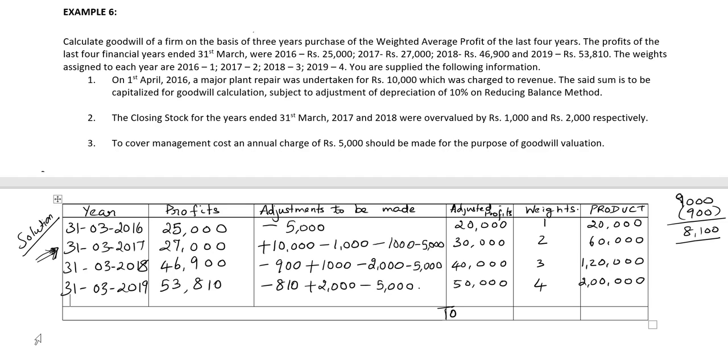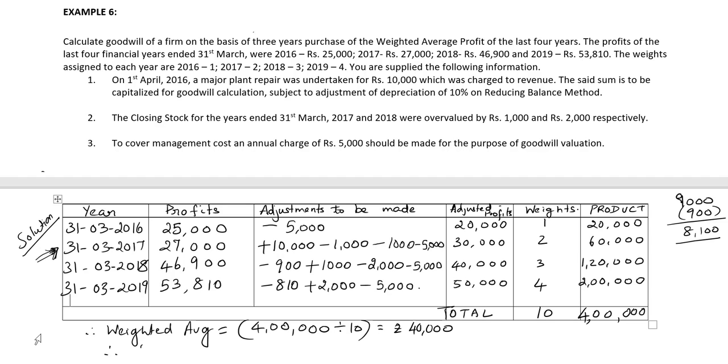The total of the weights is 10, and the total of the product is rupees 4 lakh. Therefore, weighted average is equal to sum of product, which is 4 lakh, divided by sum of the weights, which is 10, which is equal to rupees 40,000.